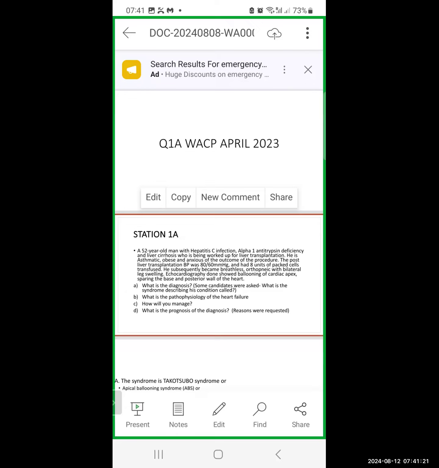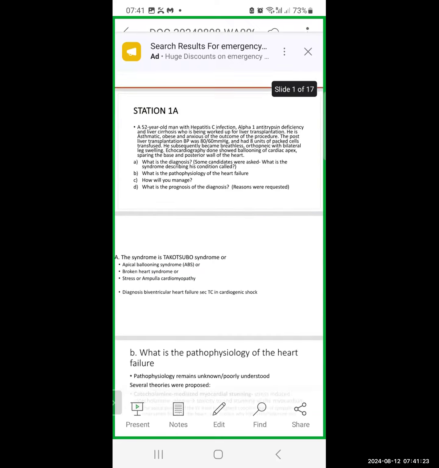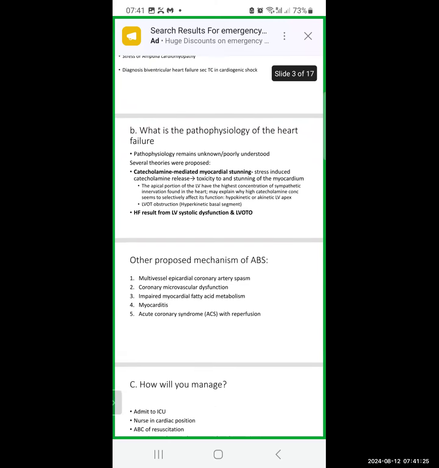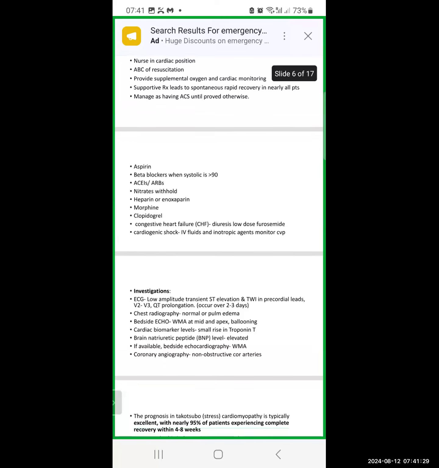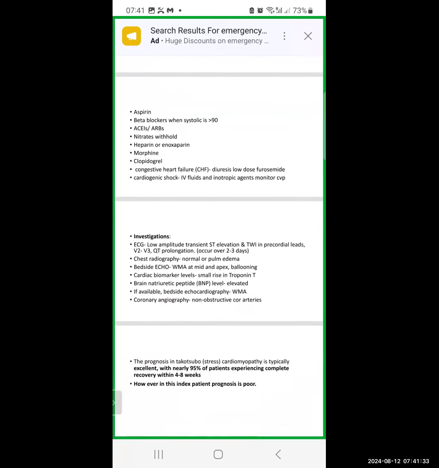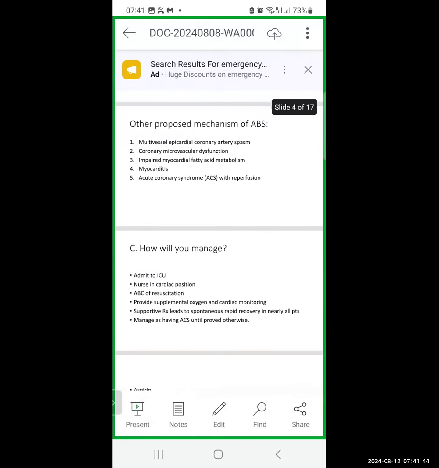So until you do the angiogram and see that the coronaries are clean, with no problem with the coronary, that's the time you confirm the diagnosis of takotsubo. So part of the investigation, the patient has to have a coronary angiogram done. For the management, go to the slide where you talk about managing the shock, because the BP was low, obviously.